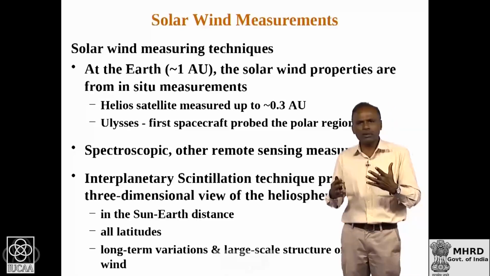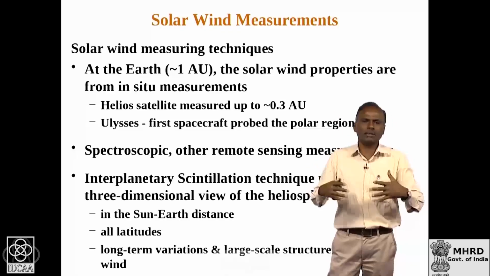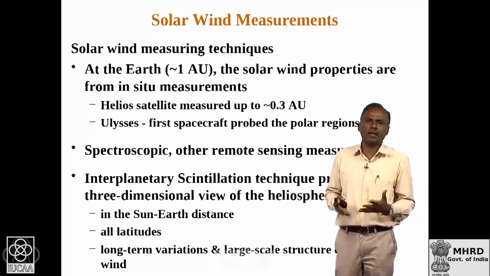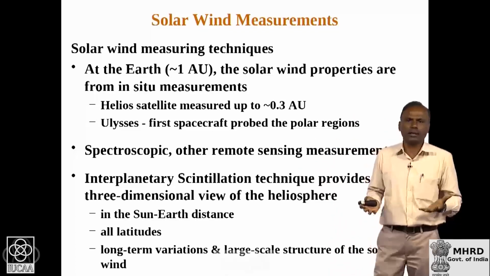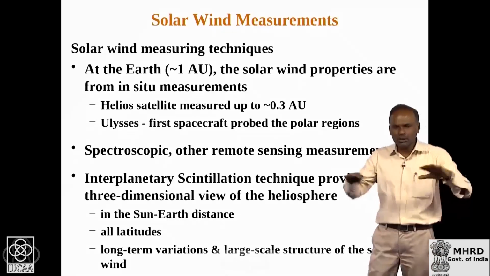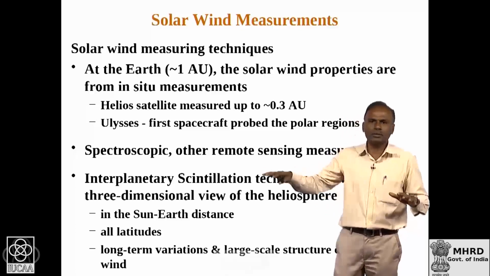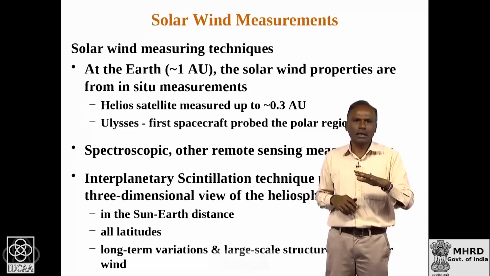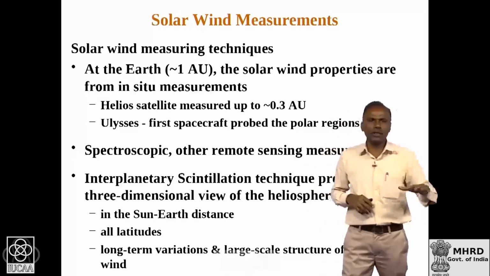With in situ measurements, it's very difficult to get a three-dimensional view of the solar wind. For example, most of the satellites are confined to the ecliptic plane at about 1 AU.